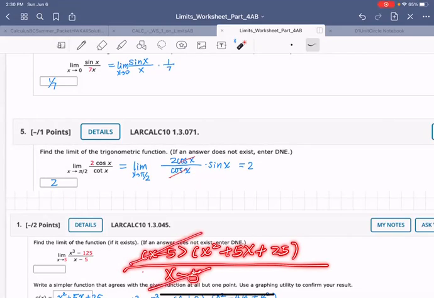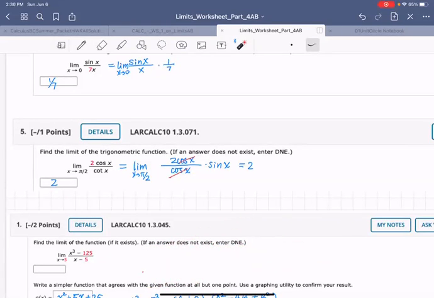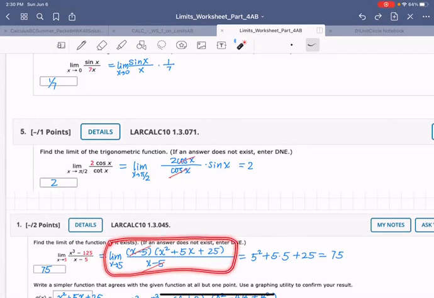We want to cancel the thing which is 0, and then we can plug x equals 5 into here so that we can get the answer. So this is the solution.